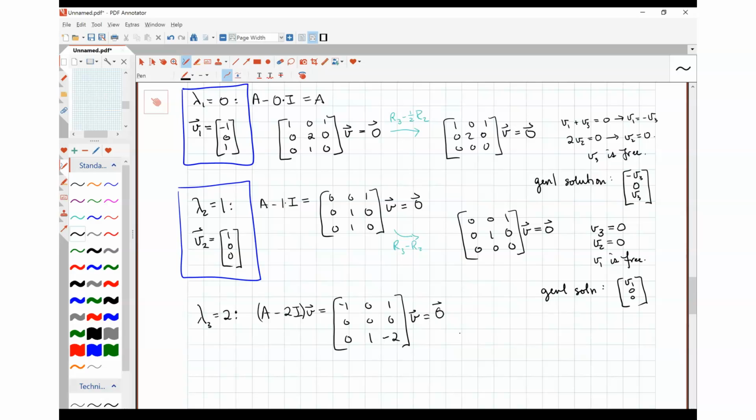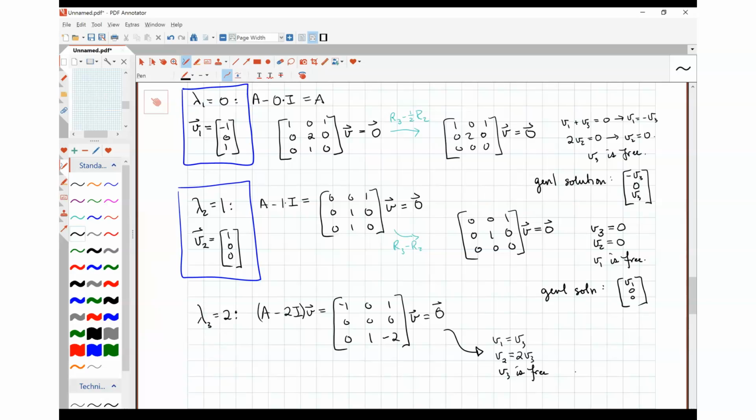All right, and so I don't even need to do any row operations, right? I already have a row of all zeros, so I may as well just write out the equations. The first one is going to tell me that V1 is equal to V3, and the last one tells me that V2 is equal to 2 times V3, and that V3 is free.